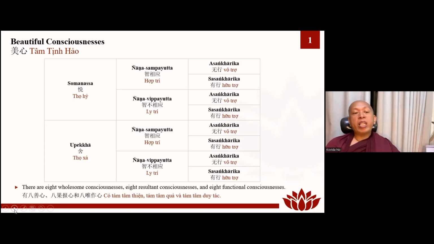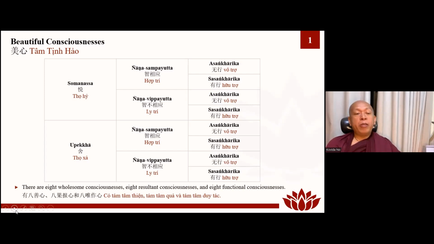When these 8 wholesome consciousnesses give their results, there can be 8 resultant consciousnesses. So we also have 8 functional consciousnesses for arahants. For example, we may do dana. We ordinary people doing dana is wholesome. But when arahants do dana, it's only functional.